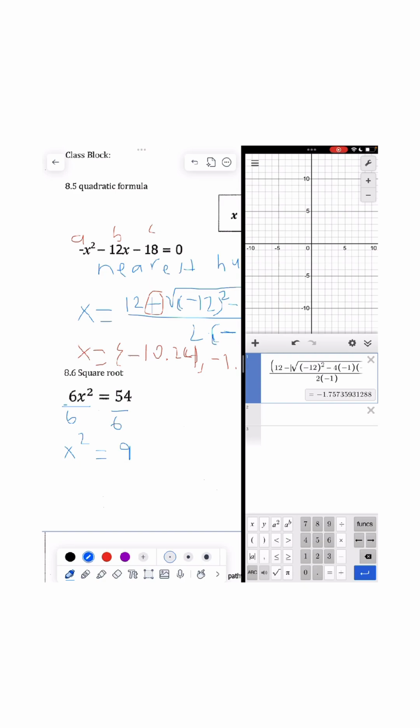Then I have x squared equals 9. So the next step I'm going to do is take the square roots, because we can do inverse operations. The inverse operation of an x squared, or an exponent 2, is a square root symbol. So I'm going to take that inverse operation, square root. Now I have two x's. One x can be negative 3 and positive 3.